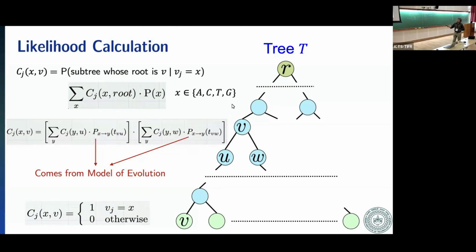What you are going to do, you are going to multiply that with p of x, which is basically the base equilibrium frequencies for observing A, C, T, and G. Okay, and then if you are again marginalizing over those possibilities, you are then getting this overall likelihood of this whole tree structure. So this is exactly the algorithm which is known as Felsenstein's likelihood formulation. So this is essentially a dynamic programming algorithm on the tree.